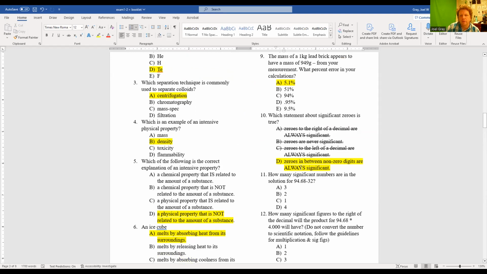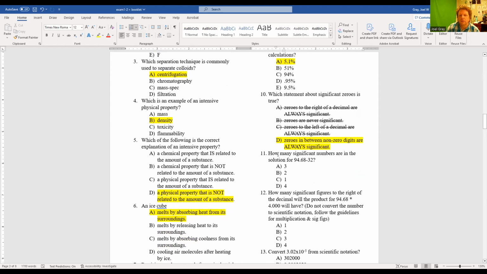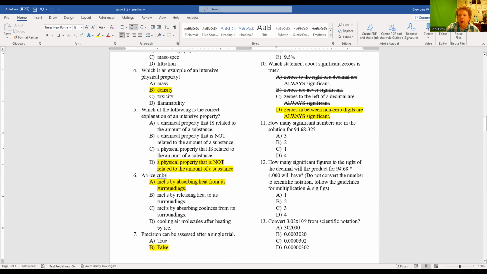All right. Next up is question number 11. How many significant numbers are in the solution for 94.68 minus 32? There's probably a tendency for people to look at this as 94.68 minus 32.00. But we've got to remember our rules for subtraction and addition.